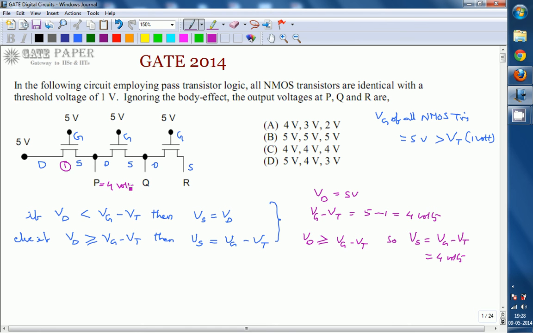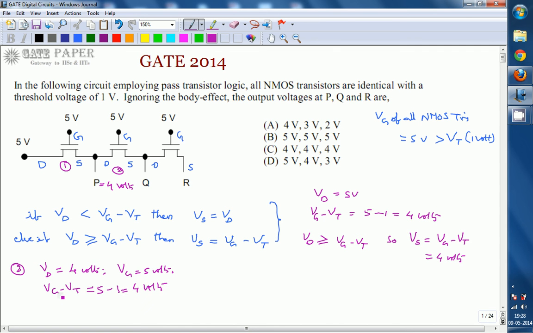Next, for the second transistor, Vd is the source voltage of the first transistor, that is 4 volts, and Vg is 5 volts for all of them. Again we check the value of Vg minus Vt, which is 5 minus 1, that is 4 volts.